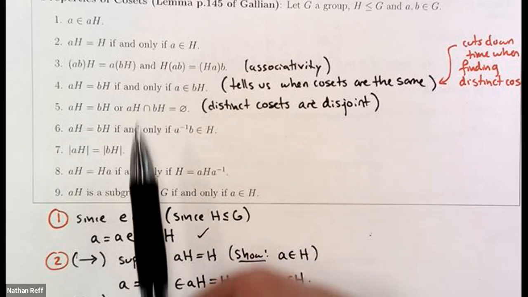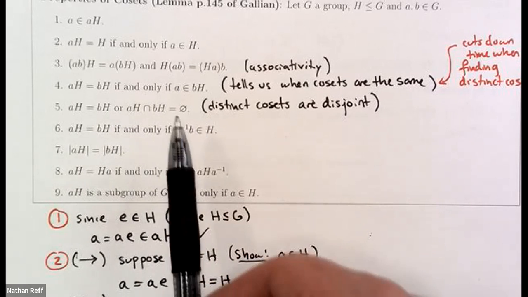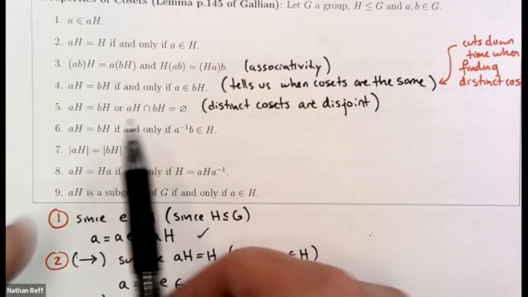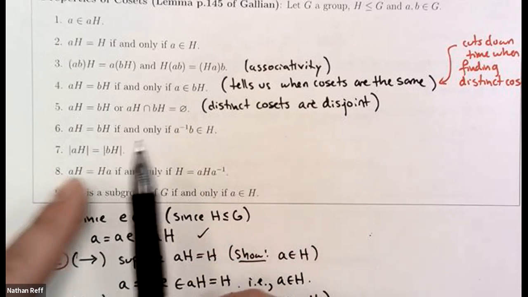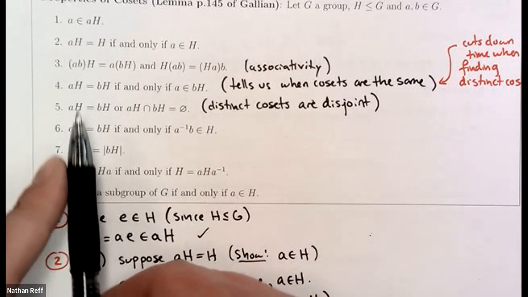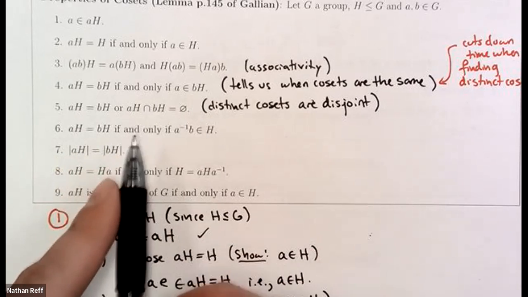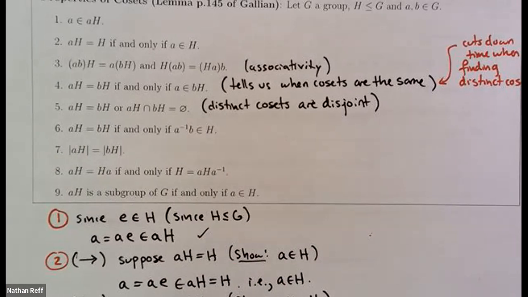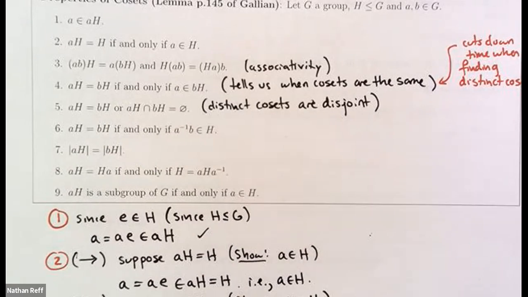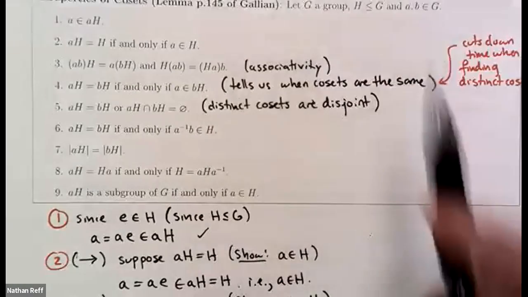And so then I'd have AH equal to this CH, and that CH would have to be equal to BH. So it would actually force this first property here. So you see, that's how you prove it. You're in either this condition or this condition. If I'm not in this condition, there's something in the intersection which will force that first condition. So it actually follows from 4. Might not seem like that, but it does.